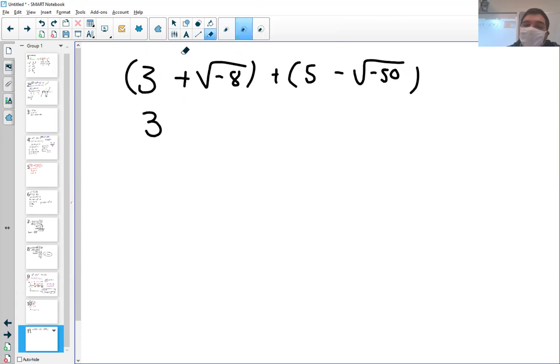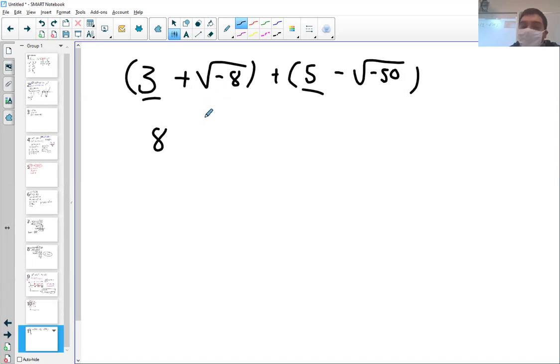So here, what we're going to do is add imaginary or complex numbers. First, let's just see, 3 plus 5 is 8. But here, this needs to be the same. So can I reduce this 8 into anything? 4 and 2, I can take out the 4.